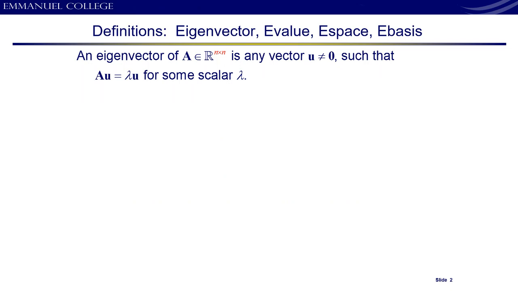So, just to review. Eigenvector, remember an eigenvector is any vector such that when you do a matrix times, keyword a square matrix, let me be very specific, times a vector, it's the same thing as if you had multiplied that vector by some scalar.